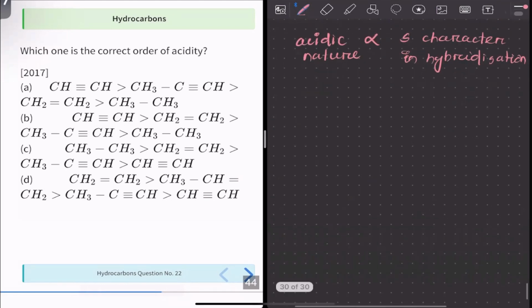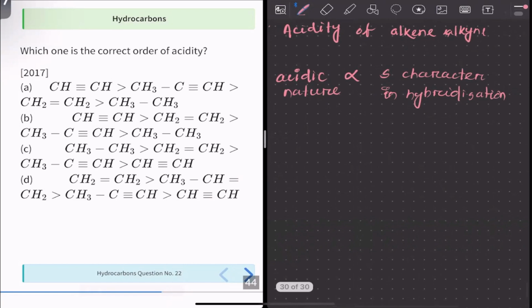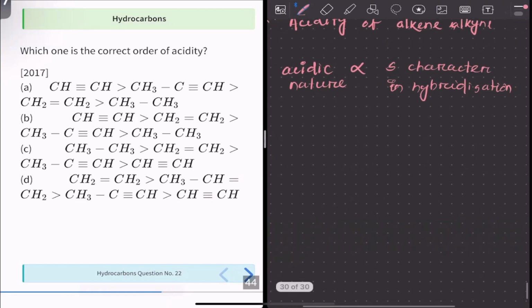So the more the s character, the more acidic the hydrogen will be.